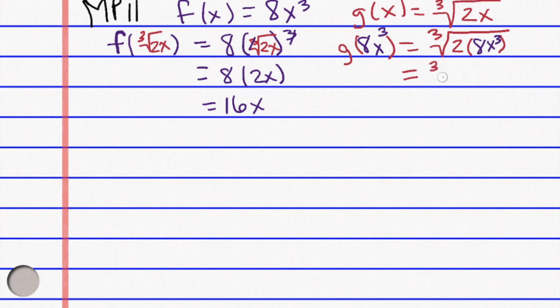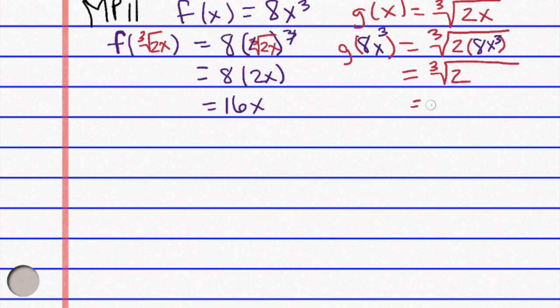So it's going to be the cube root of, well, that comes out to be 16, but I'm actually not going to multiply it out. The reason why is because I know that 8 is the cube of 2. And I also know that the cube root of x cubed is just x. So let's clean it up then.